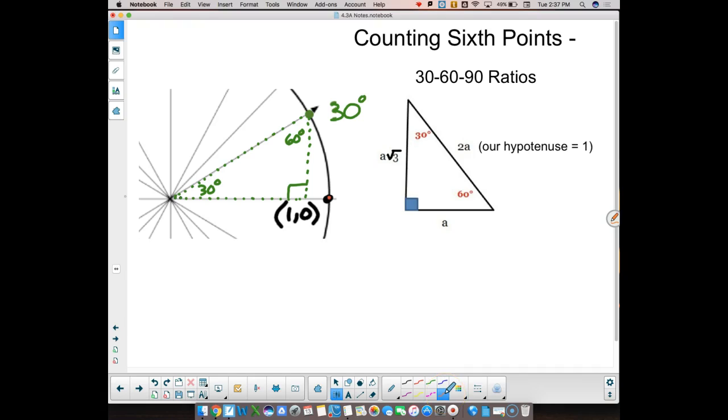Well, we also now have our hypotenuse equal to 1, because that's the radius of our circle.